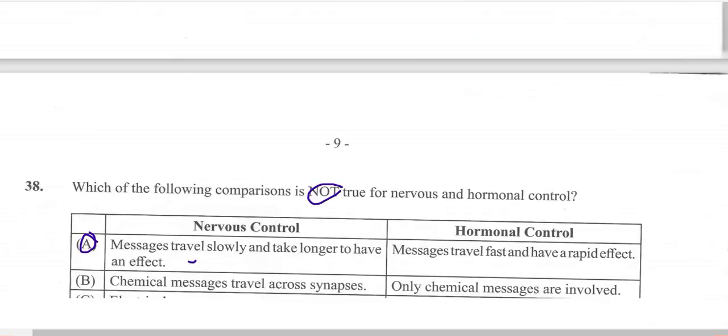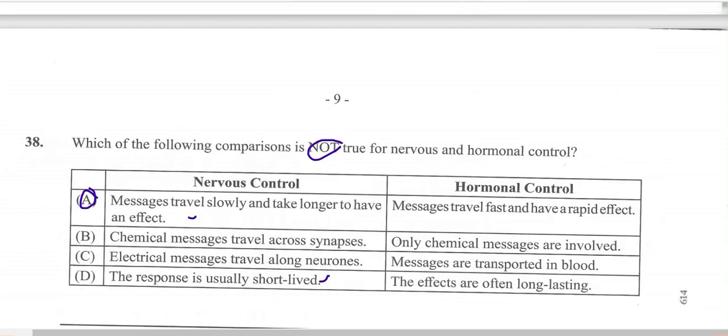Moving on to question 38. Which of the following comparisons is not, and I highlight not, though it was already highlighted, you need to do the same for your exam, true for nervous and hormonal control. Now, nervous control, not true. Chemical messages travel across the synapses.